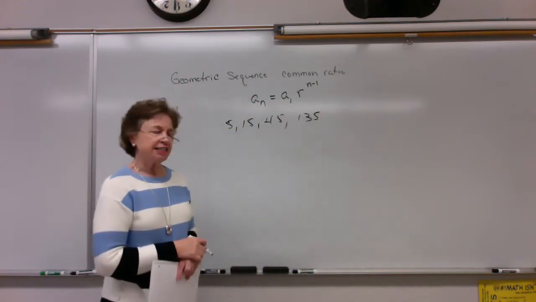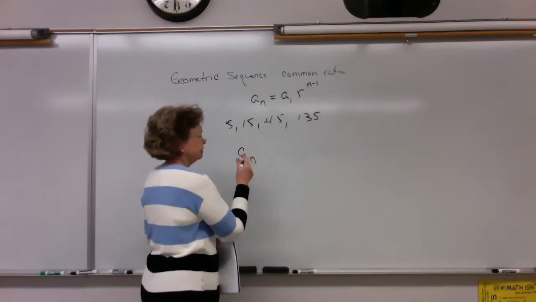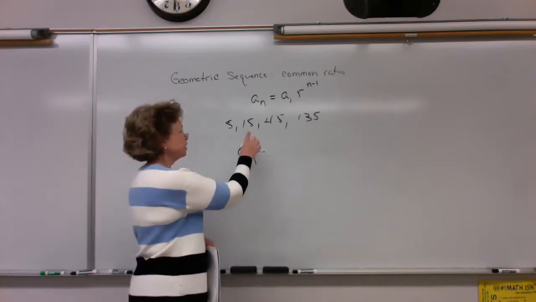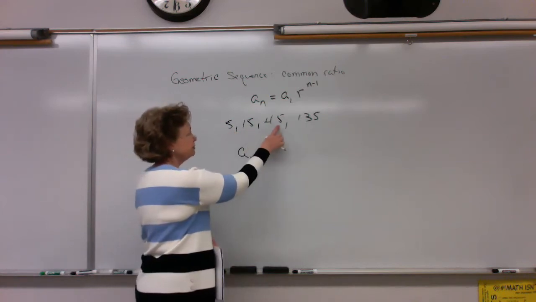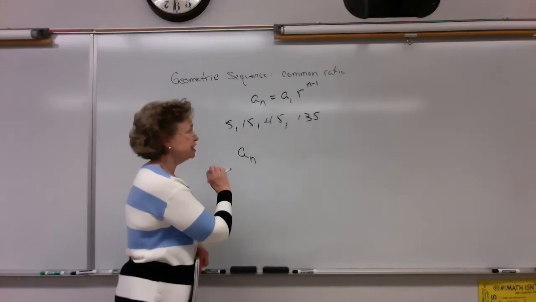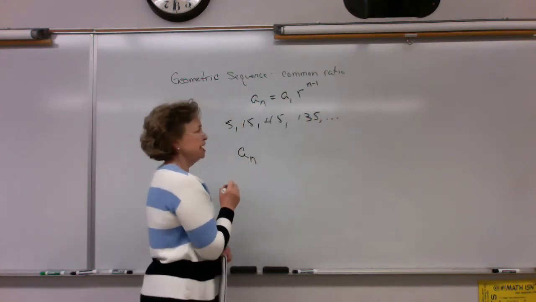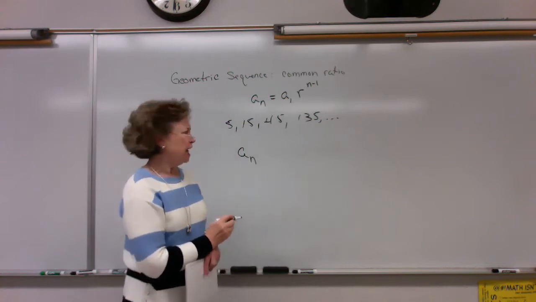They've told us it's geometric, but it's always a good idea to check. So 15 divided by 5 is 3, 45 divided by 15 is 3, 135 divided by 45 is 3. So it's geometric, they were not lying to us.